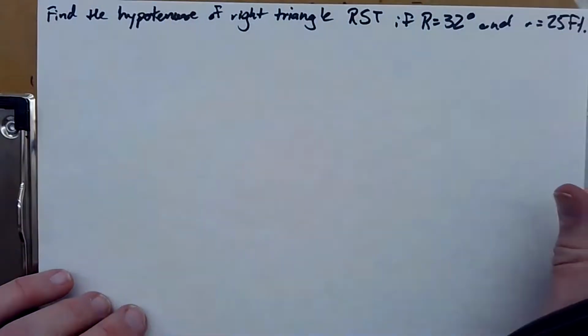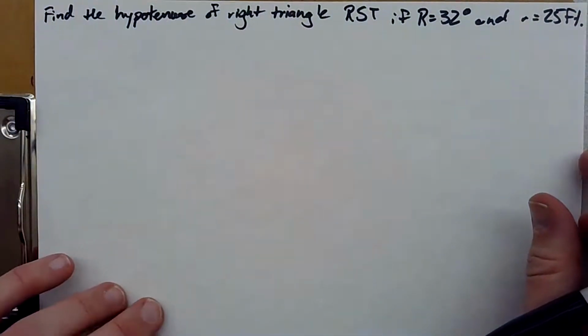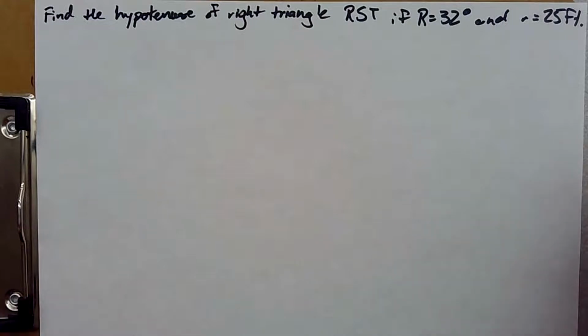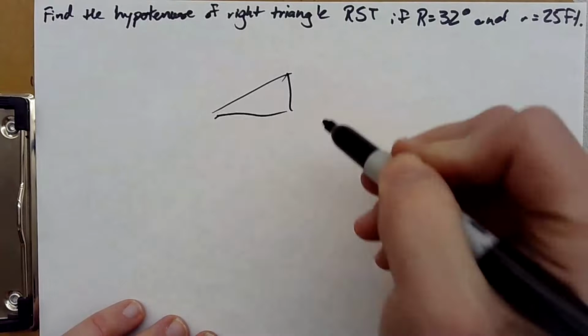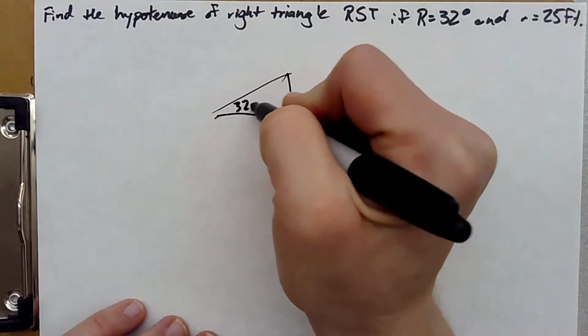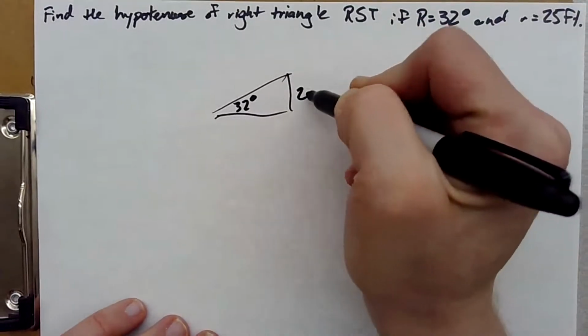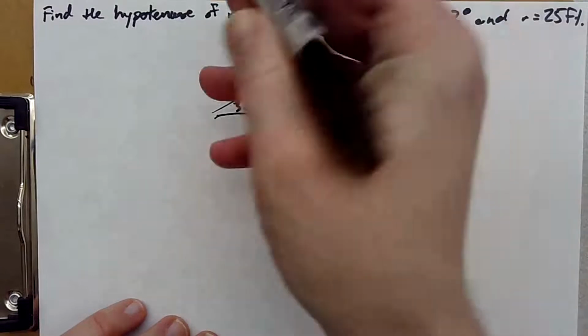Find the hypotenuse of right triangle RST if angle R is 32 degrees and side R is 25 feet. So here is our 32-degree angle and our 25-foot side.